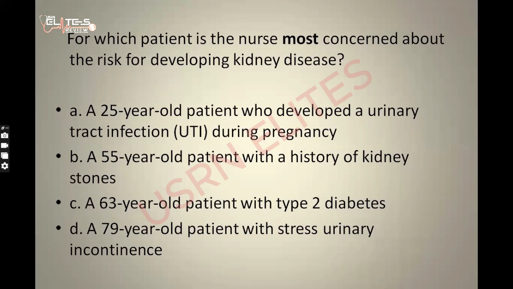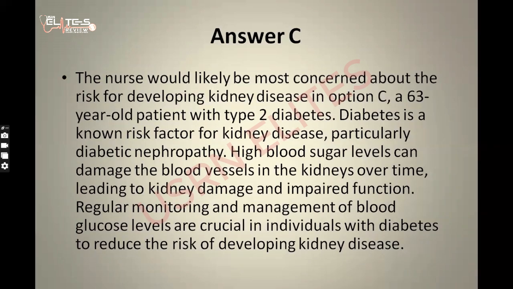Or when someone has type 2 diabetes, you know the polyuria part. Which type of kidney disease is this patient likely to develop? Those of us who said they had it in their minds. Is it nephropathy?